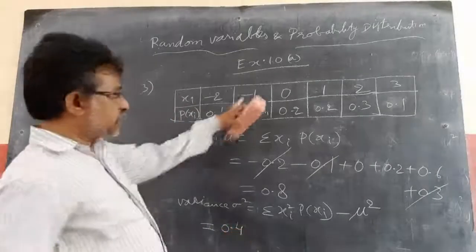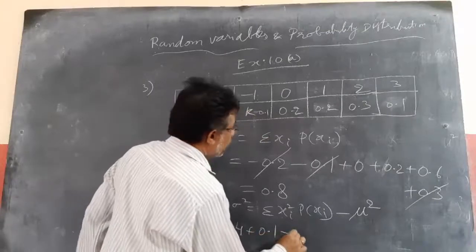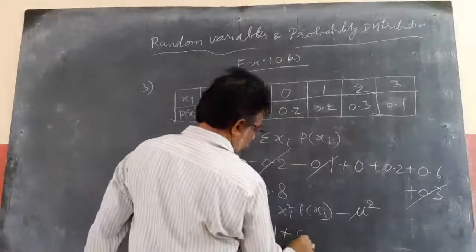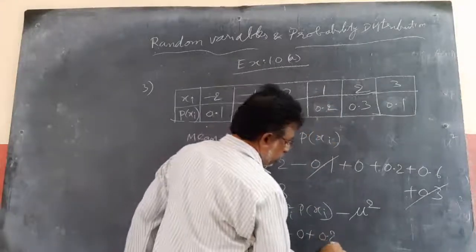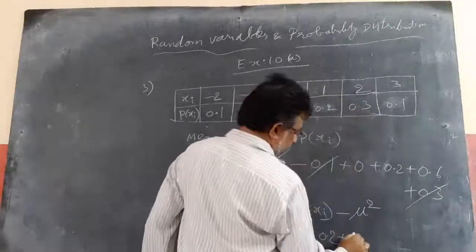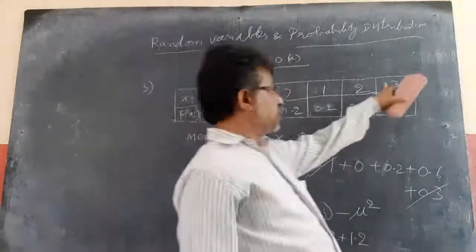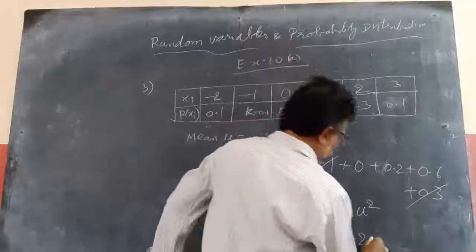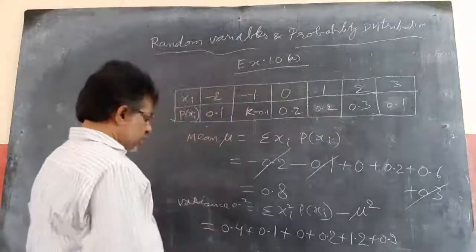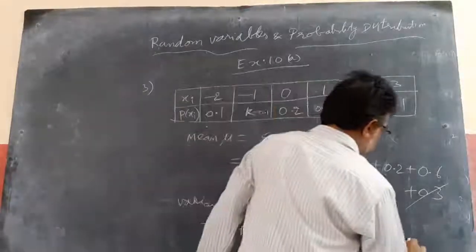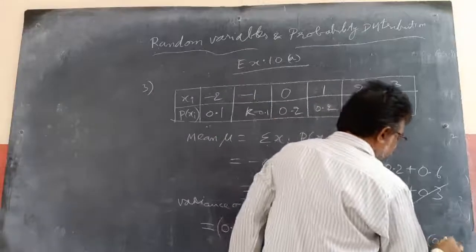Next minus 1 square is 1 into 0.1 is 0.1, plus 0 into 0.2 is 0, plus 1 into 0.2 is 0.2, plus 2 square is 4 into 0.3 is 1.2, next 3 square is 9 into 0.1 is 0.9, minus mu square, mu is 0.8, so 0.8 whole square.